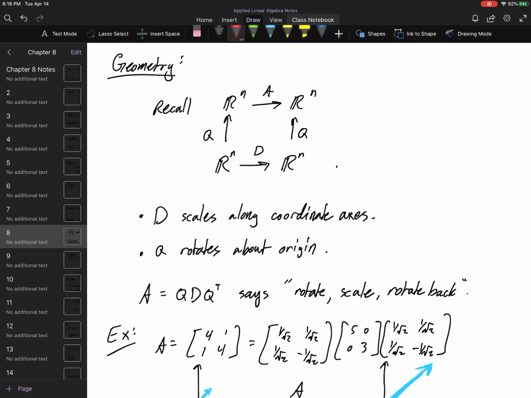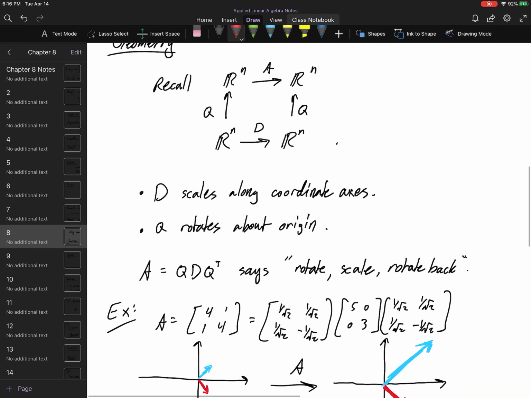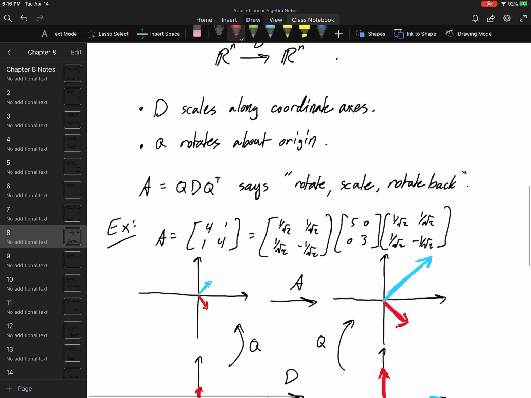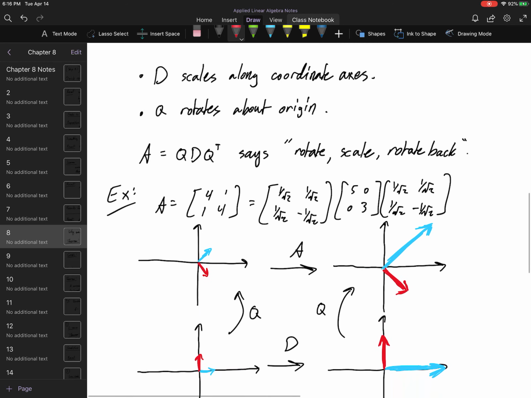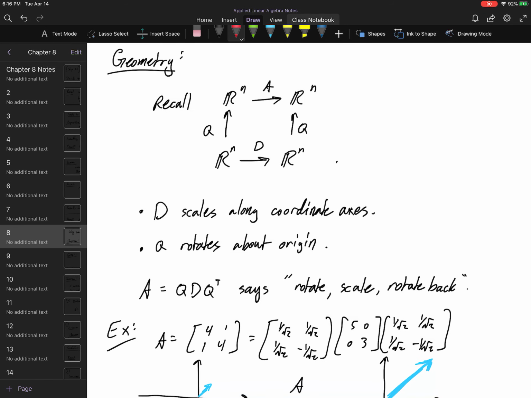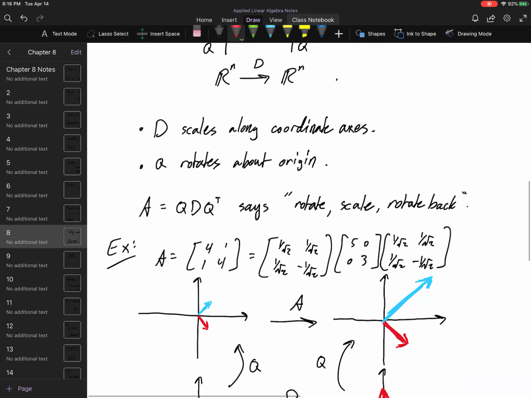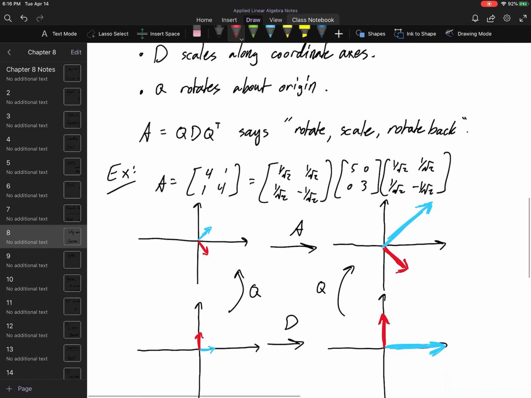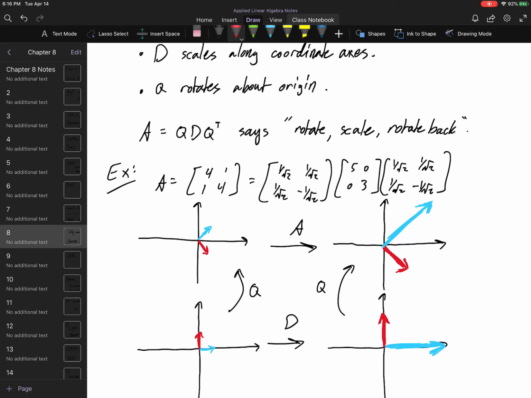When we multiply by a diagonal matrix, we are scaling a vector along coordinate axes. So we get a scaling in D. Q and Q transpose are both orthogonal matrices, and orthogonal matrices, remember, are reflections and rotations. So A is effectively being broken down into a combination of rotations and scalings.